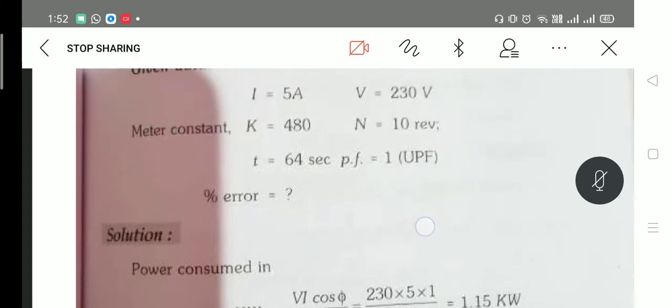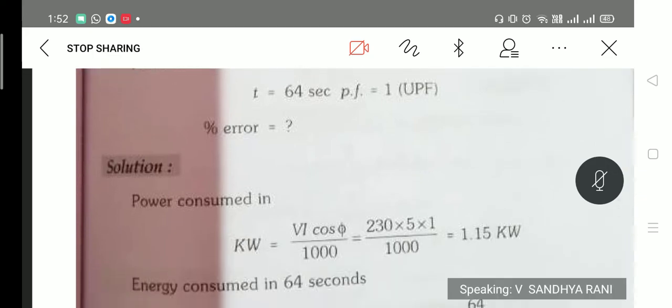Here voltage is 230 into 5 into 1. Cos phi value is 1, unity power factor. Here also he is given unity power factor, so you have to take the cos phi value as 1. Then we can find 1.15 kilowatts.